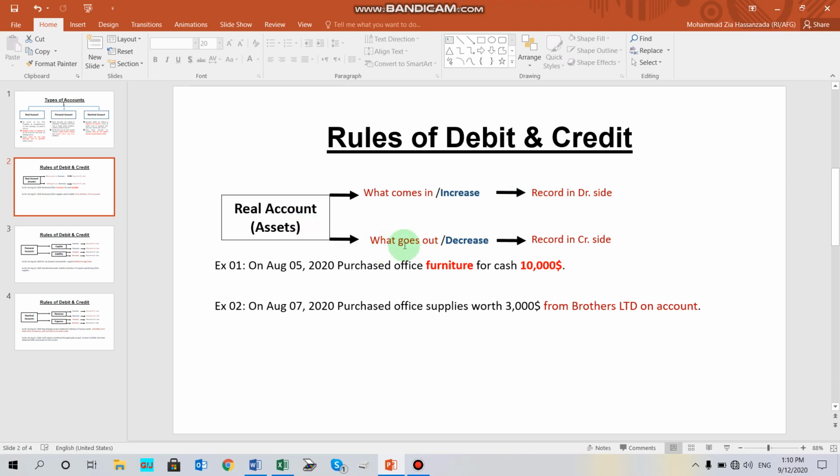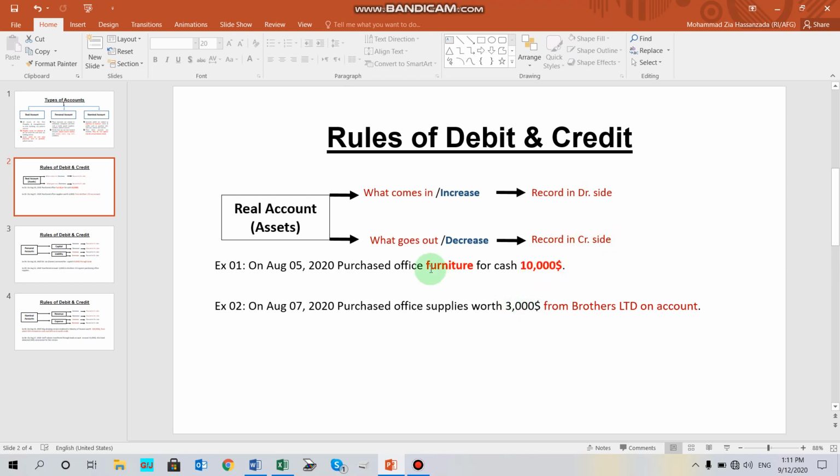But if there is an outflow of assets or any decrease in our assets, we record them on the credit side. You have to notice that in the double entry system, each transaction always has two effects. One side is debit and the other side is credit.